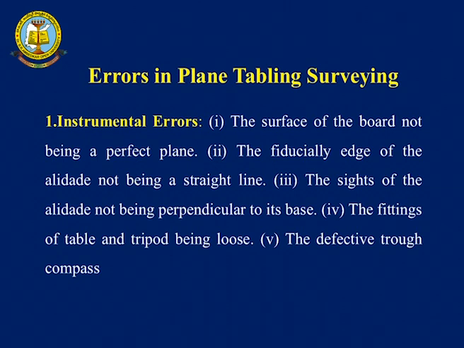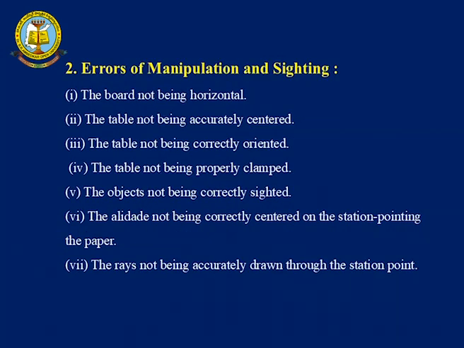Errors of manipulation and sighting include the board not being horizontal, the table not being accurately centered, or the table not being correctly oriented.